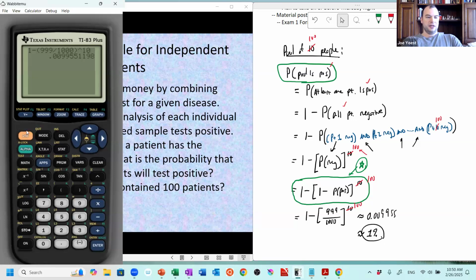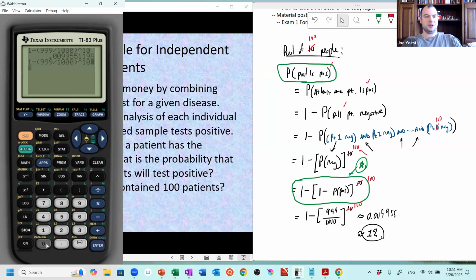And one little calculator trick: if I do second and then the negative sign down here next to enter, see the yellow above it is ANS, answer. Or actually, I don't want the previous answer. I want the previous entry. Second enter. There we go. It brings up the previous entry, so I don't have to type it in again.